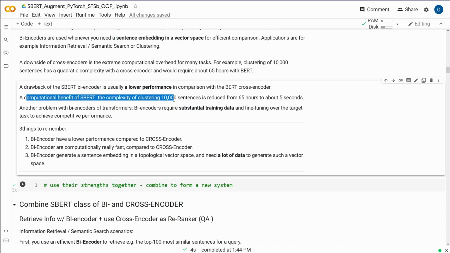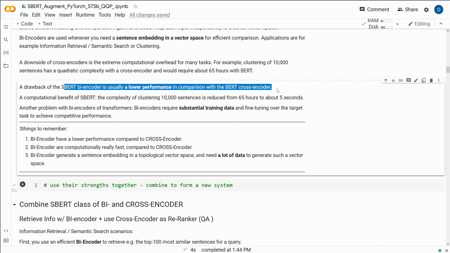Now, the complexity of clustering 10,000 sentences is reduced from 65 hours with a cross-encoder to about 5 seconds with a Bi-encoder. So we gain speed. We have, with an SBERT Bi-encoder, a lower performance than a cross-encoder, which calculates the attention between each input token. Of course, it really does everything to everything. But with a Bi-encoder, we just map it to a topological vector space.